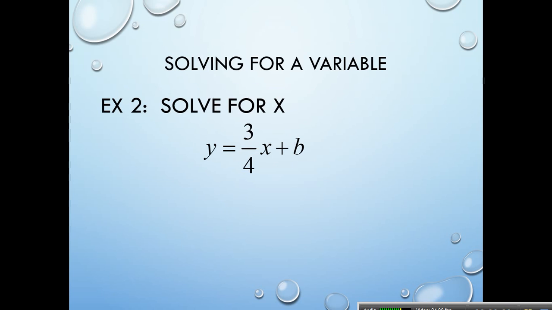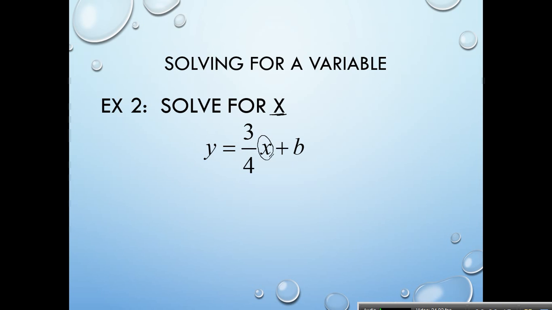This one, they want us to find x this time. So I'm going to circle x first, just so I remember where it is. We need to start moving some variables around.